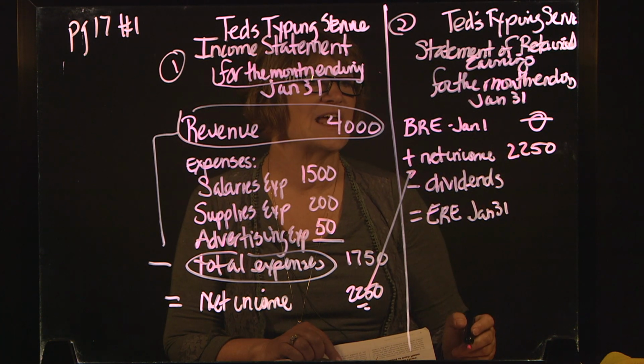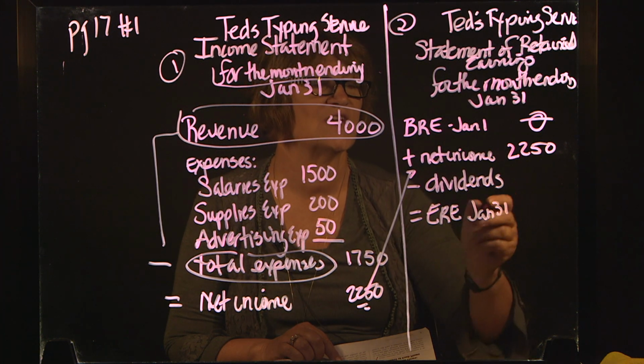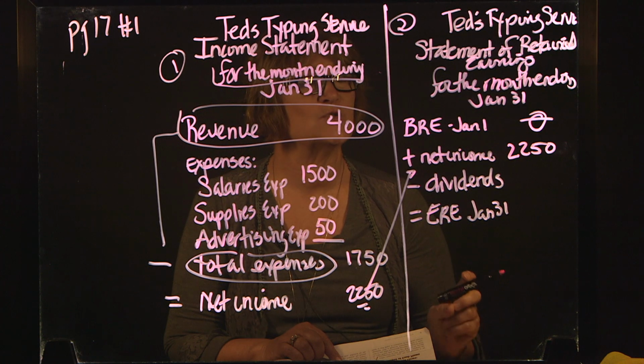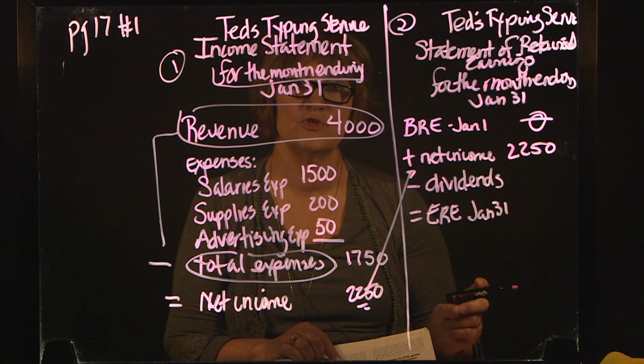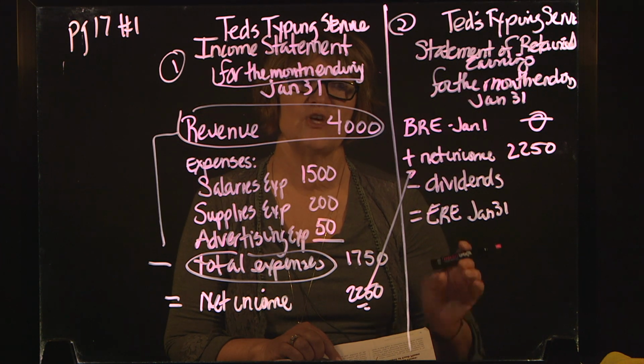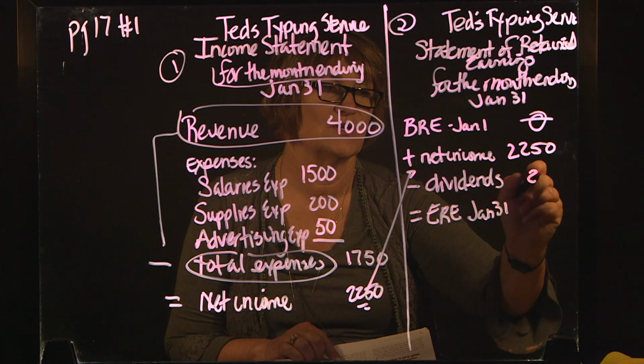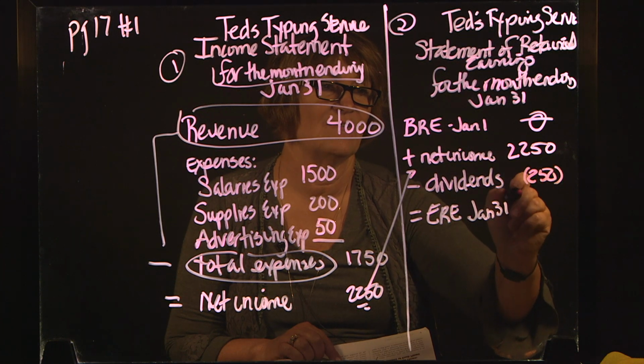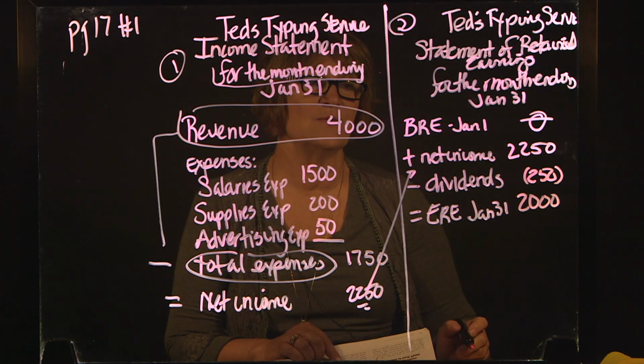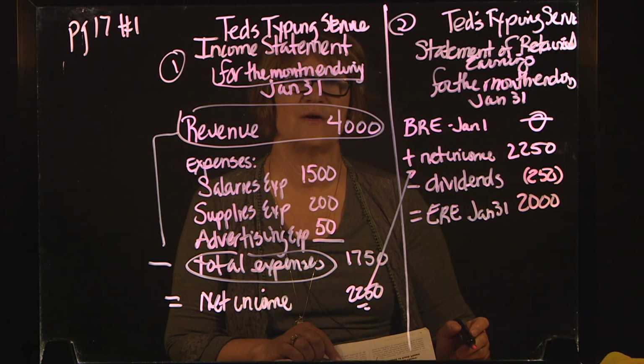And let's just say, for my example, Ted paid $250 of dividends. Dividends is a distribution of profits to the shareholders. So dividends are a distribution of the profits to shareholders. So in this case, they gave up $250, and so therefore ending retained earnings would be $2,000.